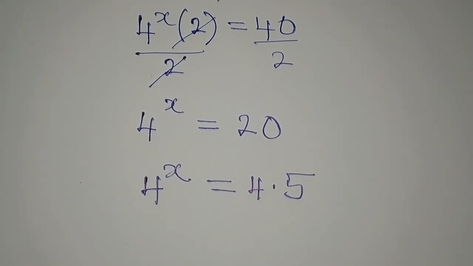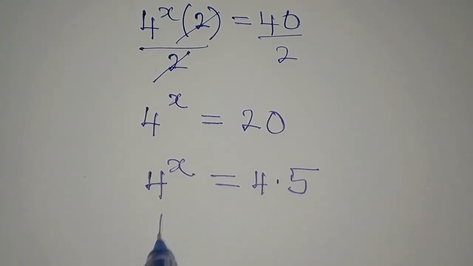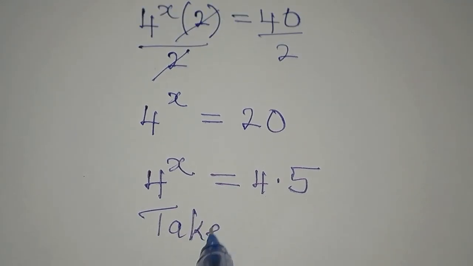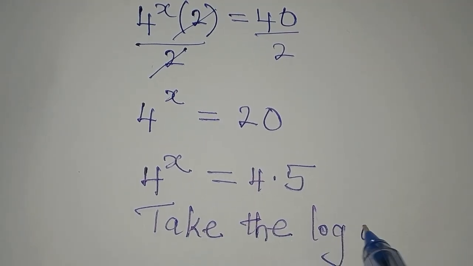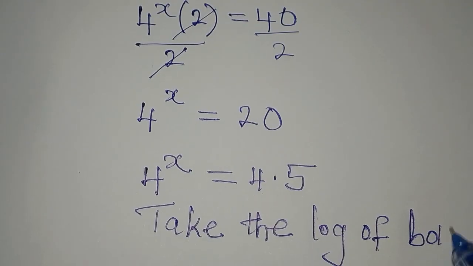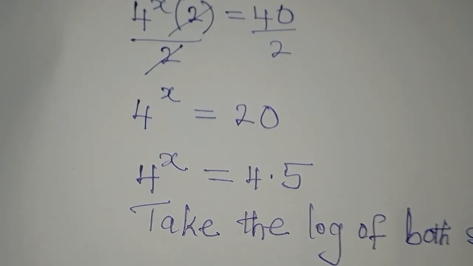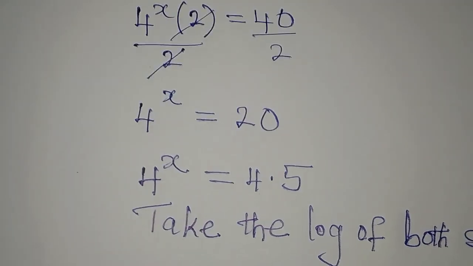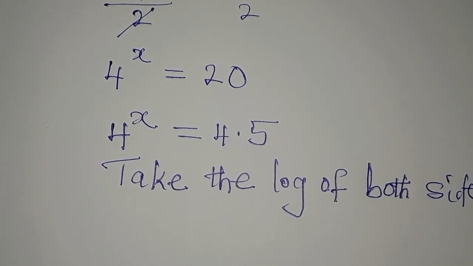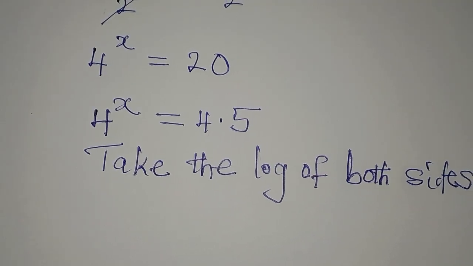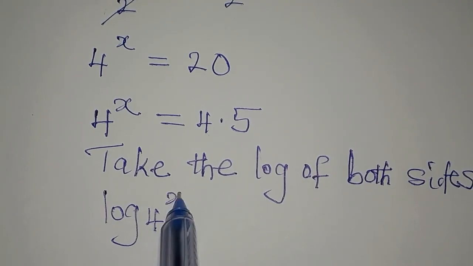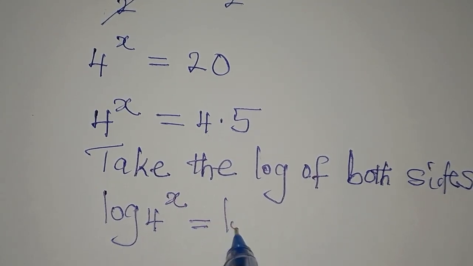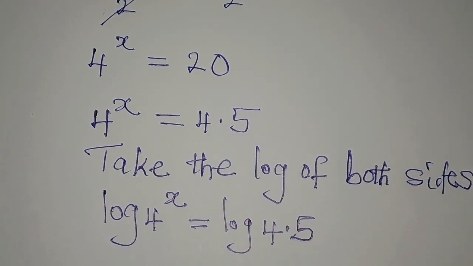And then the next point is that we take the log of both sides. Okay, so we take the log of both sides, and if we do that, we have log of 4 to the power of x equal to the log of 4 times 5.